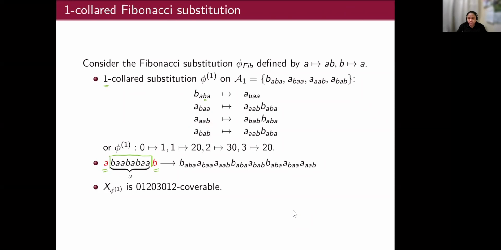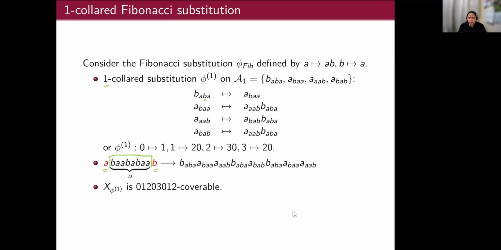So for example, the right color here is B, so the left end of the image of B under phi is the letter A. And if we are to get the left color here, which is B, the image under phi would be A. And so exactly we have A as the left color of our letter A here.